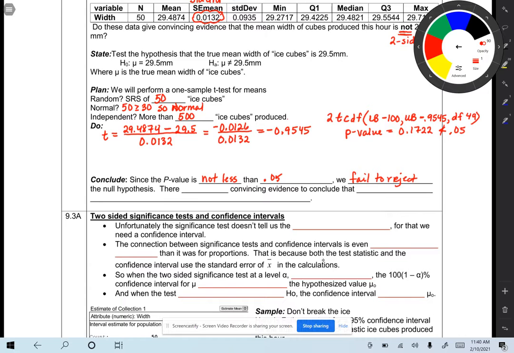There is not convincing evidence to conclude that the cubes do not measure 29.5 millimeters on average.